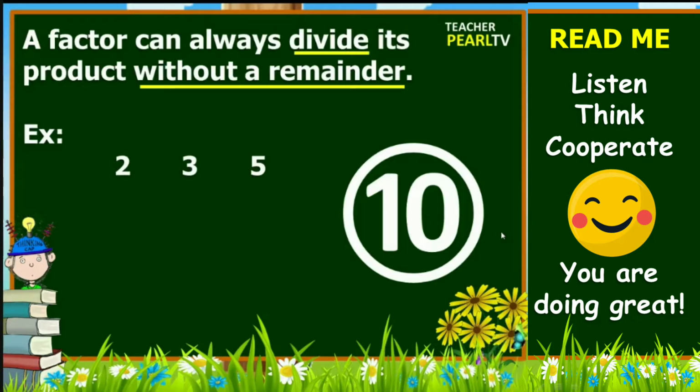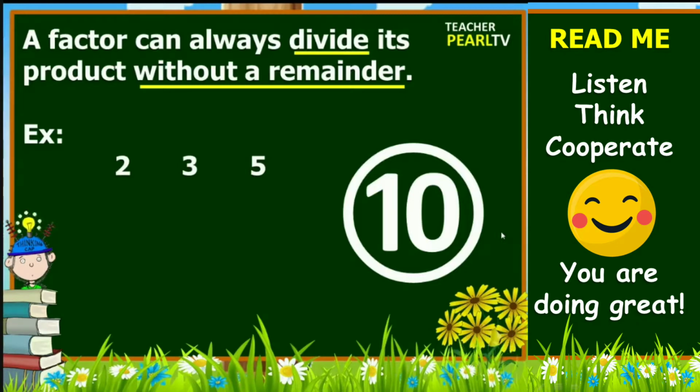Let us divide 10 by each of the given numbers. After dividing, we should get a number or a quotient without a remainder. If a quotient has a remainder, that means that number is not a factor of 10.